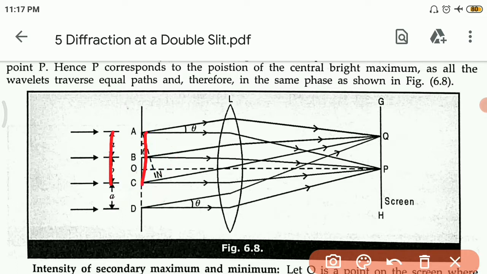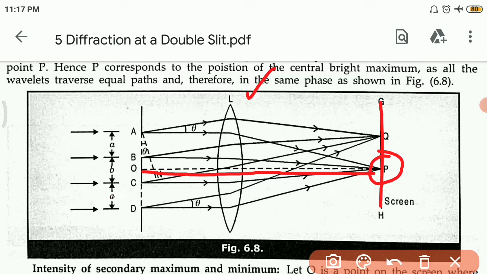This will be the distance between the corresponding points of two slits. Now let us take a convex lens L, which is the collecting lens, and let us take a screen, that is GH. Now let us say the point P on the screen is such that this dotted line OP is perpendicular to the screen, okay.